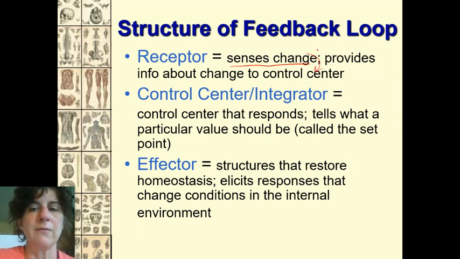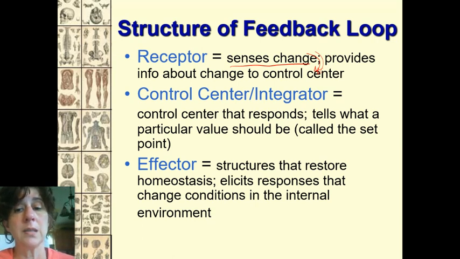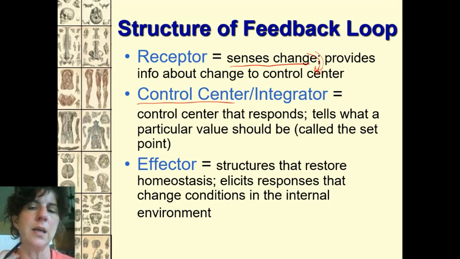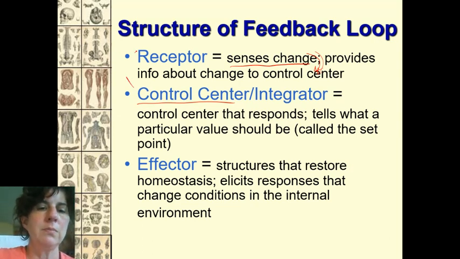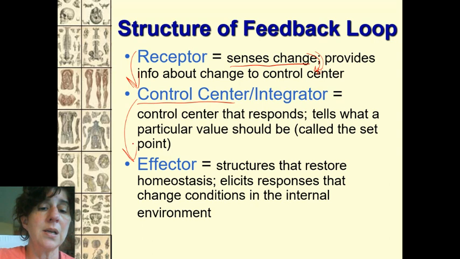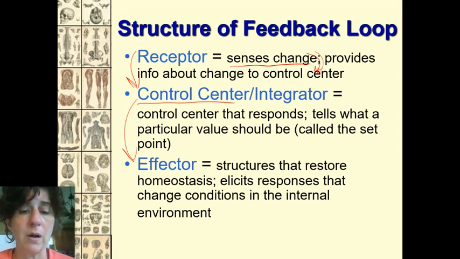If the control center says this isn't right, it has to determine what is right and how to get back there. So the control center is the boss, basically; the receptor reports to it. The control center says this is where we need to be and this is how we need to change it. And the control center then tells the effector how to go about making that change in order to restore where we should be, so that we don't get out of control.